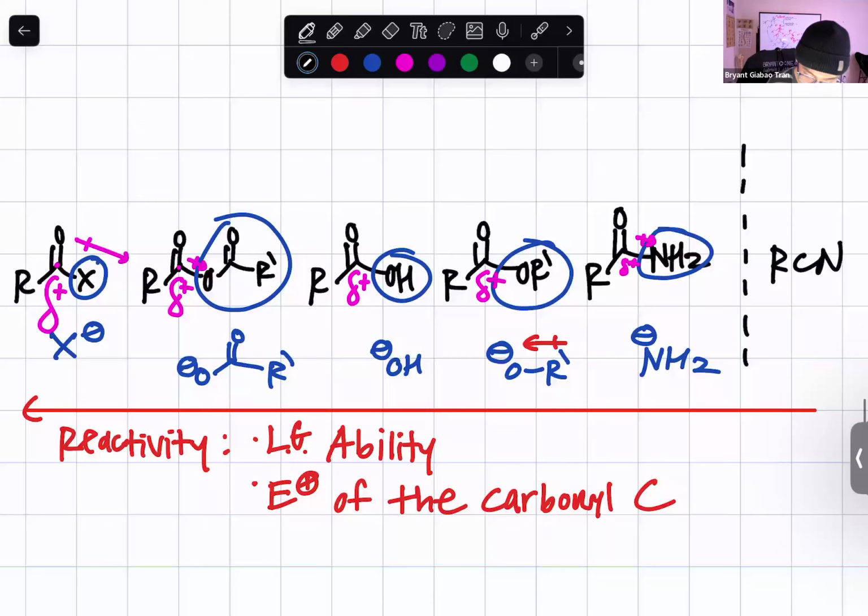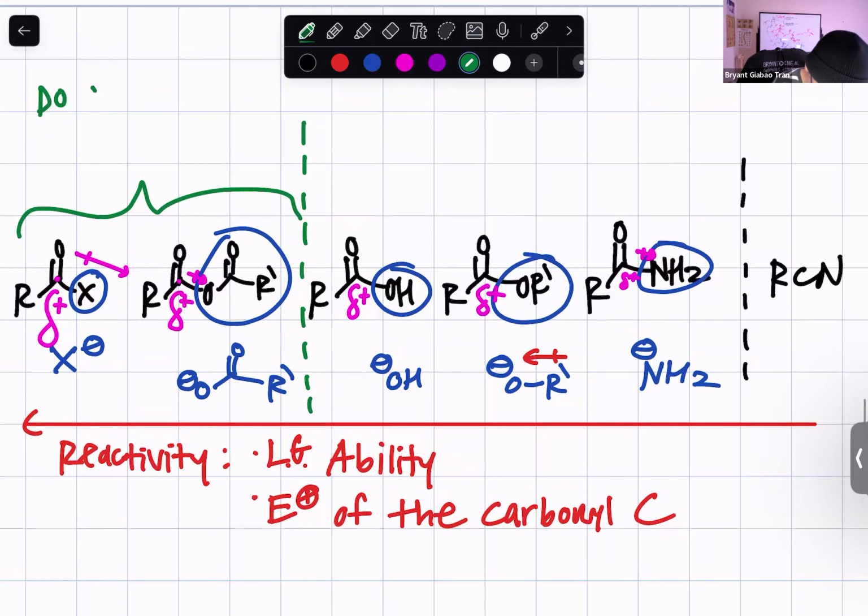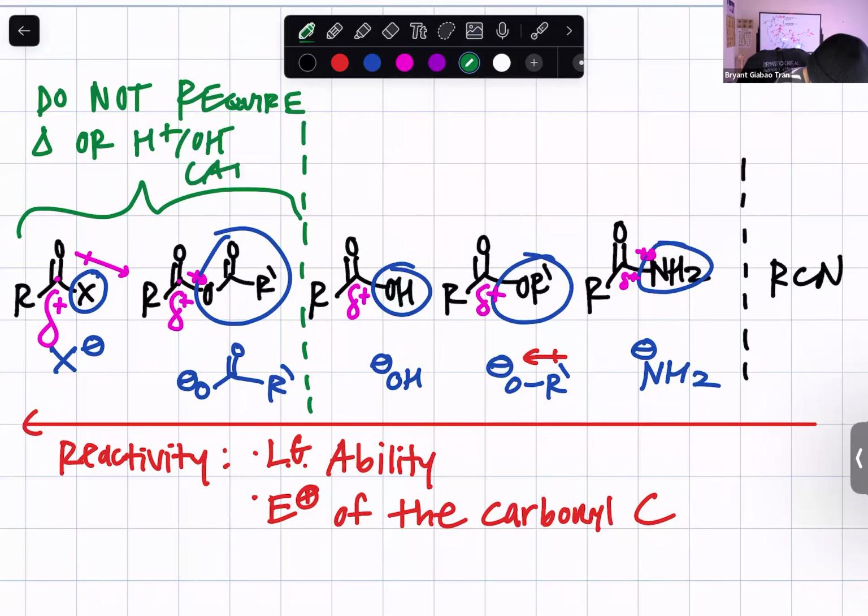Okay, so another important thing to note is that the top two most reactive derivatives are going to be the acyl halide and anhydride, where I'm going to make a separation between them because this separation will explain why these top two most reactive derivatives do not require heat or an acidic or basic catalyst, right?